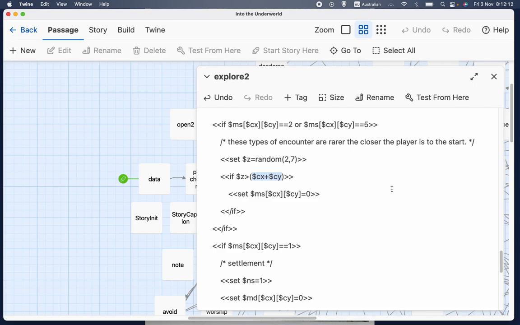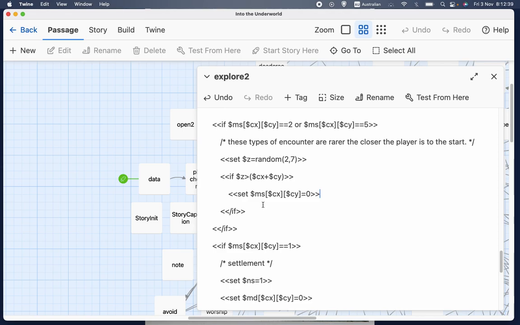The further you've gone into the dungeon. So we'll compare this random number, Z, to Cx plus Cy, and if Z is greater than Cx plus Cy, then instead of having these special sorts of encounters, it sets it to 0, which is an empty intersection.